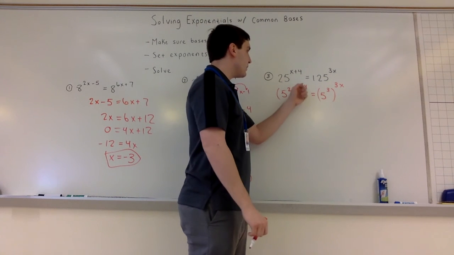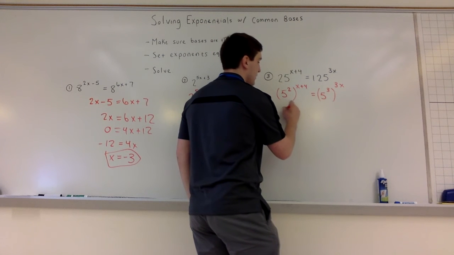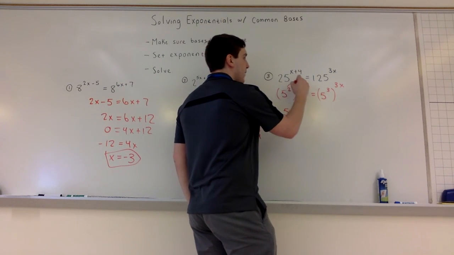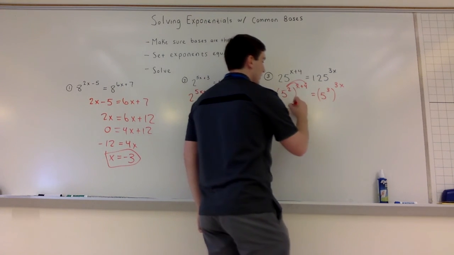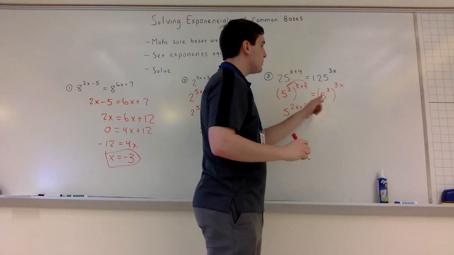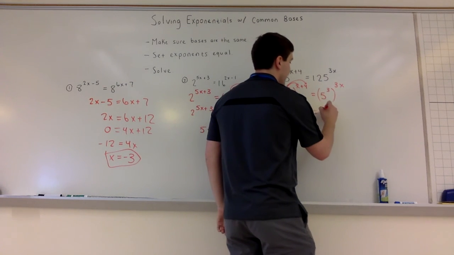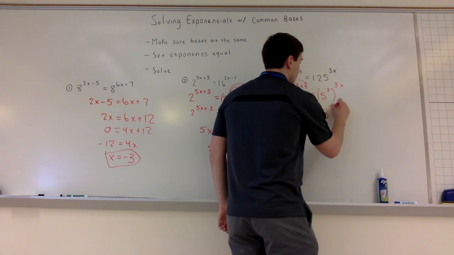Again, same as the last one, we're going to take our exponents and multiply, because that's what our exponent rules tell us we can do. So I'm going to have 5 to the power 2x plus 8 is equal to 5 to the power 9x, because 3 times 3x is 9x. Okay.